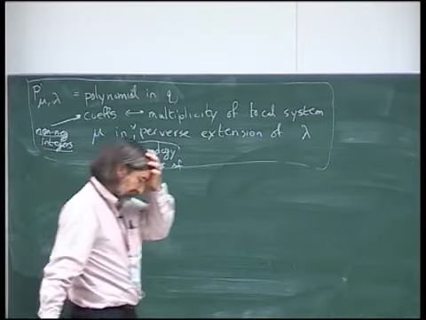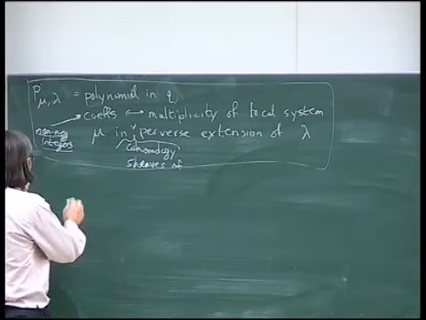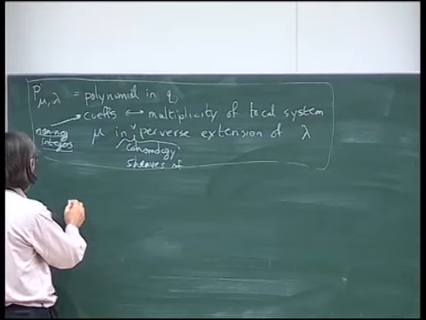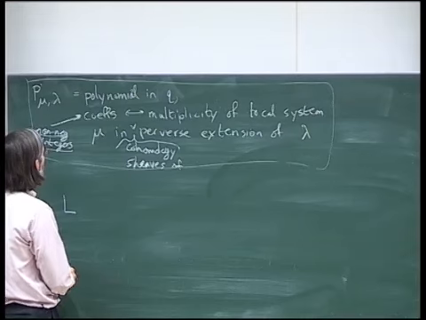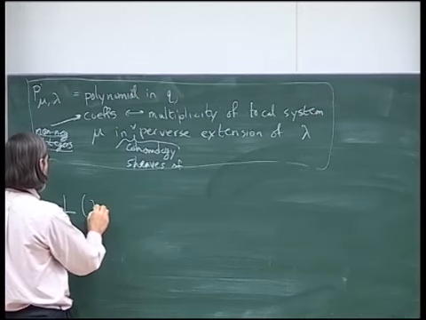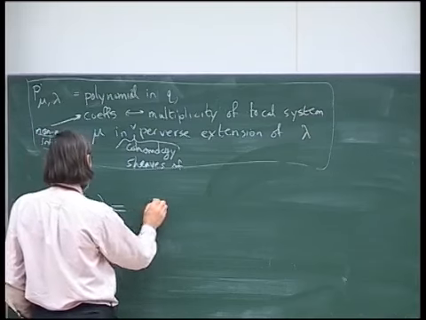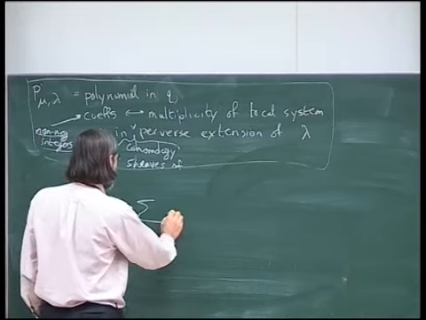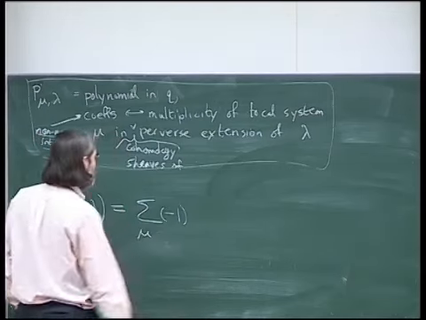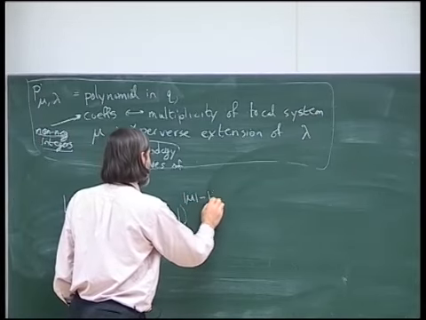And then the statement is that, let's see, I think I'll get it. Well, let's see. It's the sum over mu. There's some power here, which I'll explain.